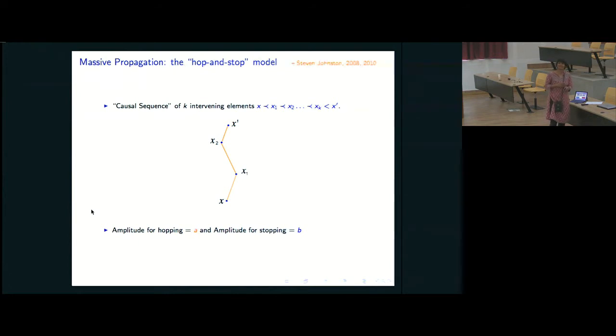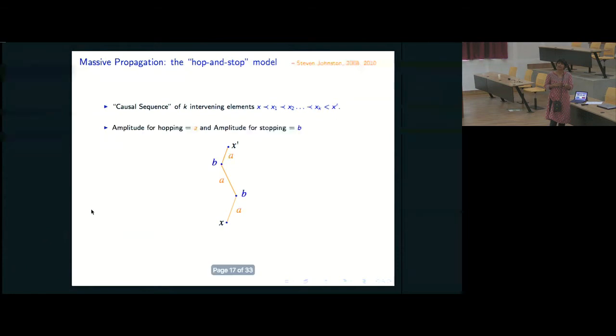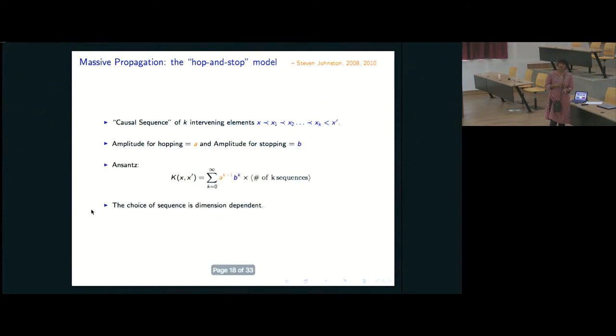Anyway, let me go through this quite quickly. Essentially, you start off with a causal sequence of this sort, which is called a chain, and you put in an amplitude for hopping and stopping, A and B for hop, stop, etc. You take this very simple model, and the ansatz is that you construct the propagator this way, and the choice of sequence is dimension dependent.